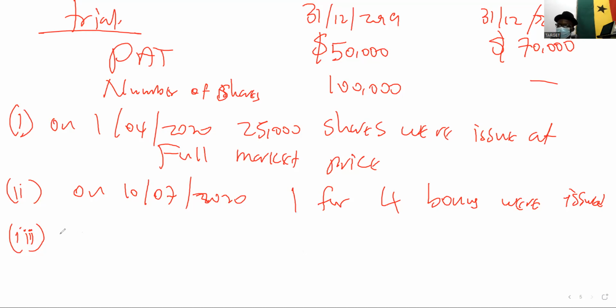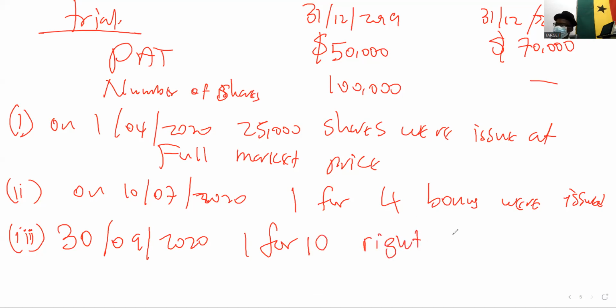On 30th September 2020, the company issued a 1 for 5, let me make it 1 for 10. It can be 1 for 5, 1 for 10. So a 1 for 10 rights issue.